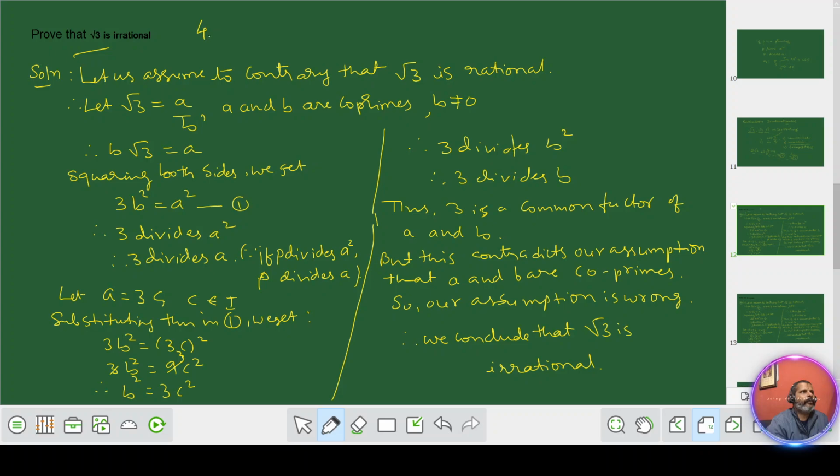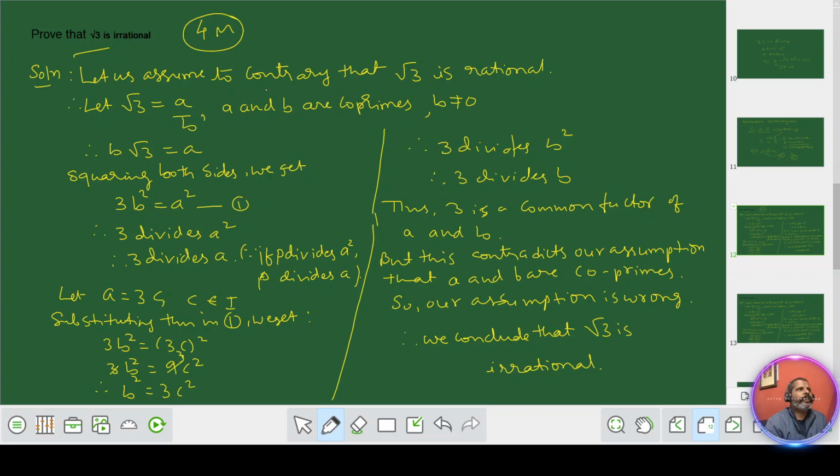This is a 4 marks question, remember, and it is most often asked. Maybe root 3, root 2, root 5, root 11, like that. Only the number changes here, the rest of the steps remain the same. How do you prove root 3 is irrational?